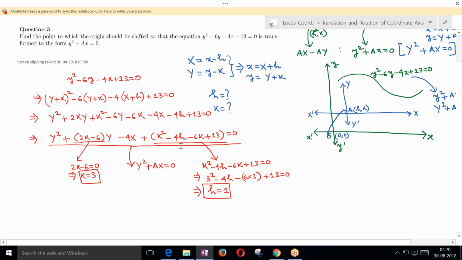So the origin is to be shifted to the point 1 comma 3, and that is the answer to the question.